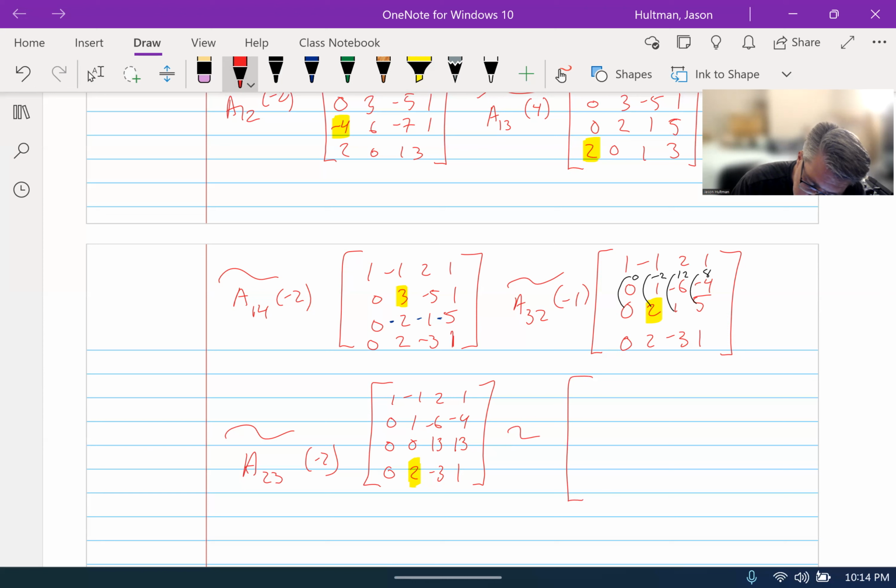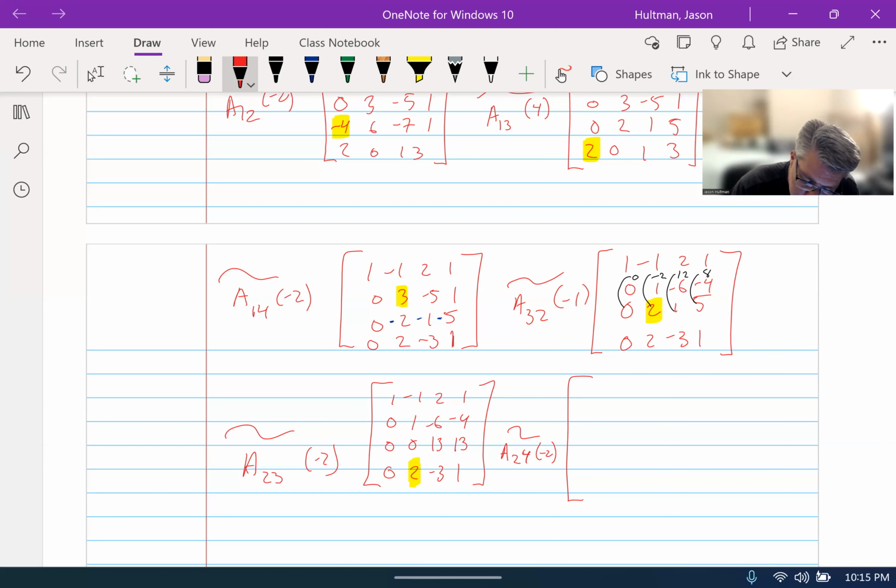Okay, so once again, I can multiply my, let's do the notation here, A of row 2, but now we have row 4. Row 4 is the one that's being affected, and then we have the value -2 that we're multiplying by.